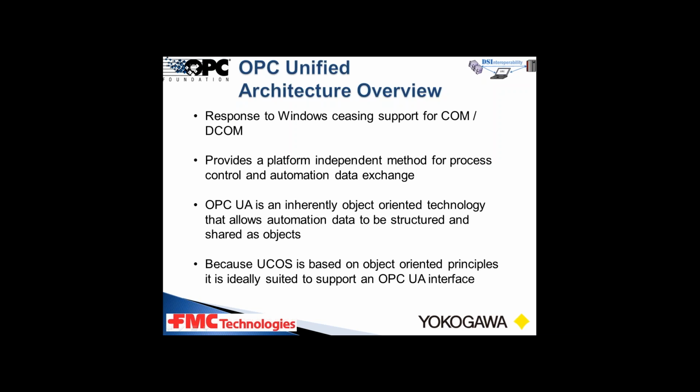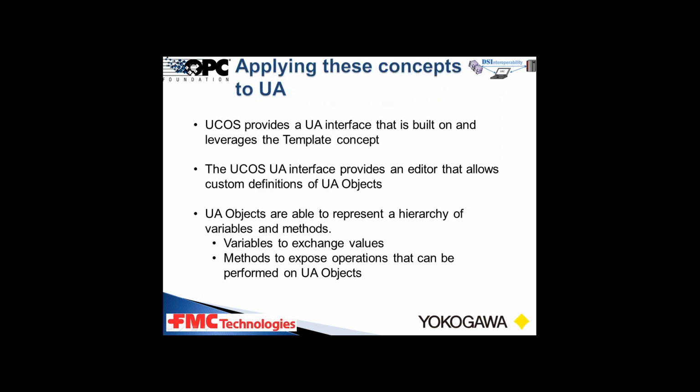So having to run on Windows for the old OPC model was difficult. And the other thing that we found very unique was that OPC UA is inherently object-oriented, just like our underlying technology. And because UCOS is based on these principles, it's ideally suited to support an OPC UA interface.